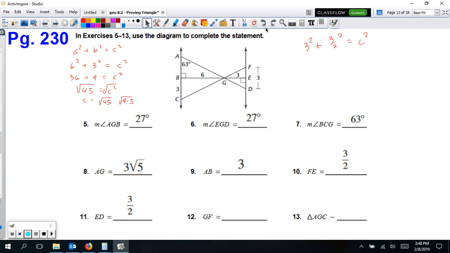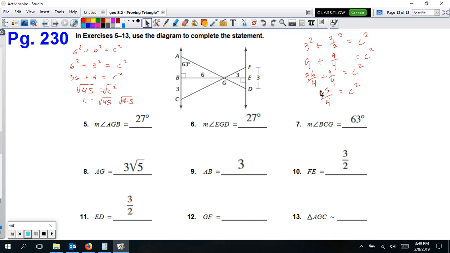I really should have put that fraction in parentheses, because you square the top and the bottom. So it's 9 plus 9 over 4. Now we add these together, so we want a common denominator, which would be 4. 36 divided by 4 is 9, so 36 over 4 is the same as 9. Now we add 36 plus 9 on top, which gives us 45 over 4 equal to c squared.